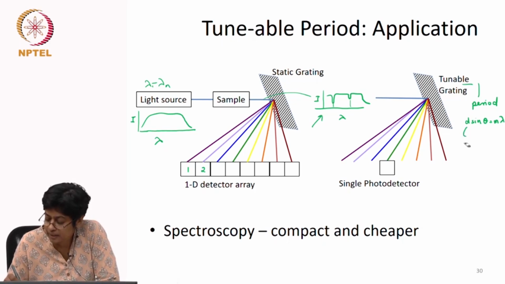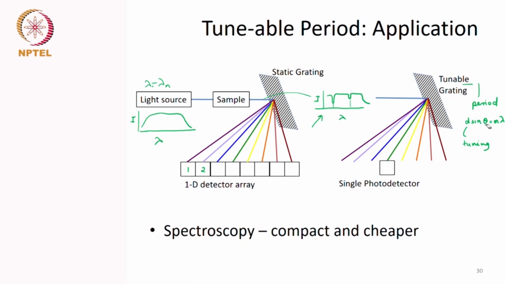If I'm tuning d such that theta stays constant for different wavelengths, that means I can tune this so that initially the green wavelength is incident on the photodetector, but I tune the grating so that in the next instance, maybe the blue wavelength will be incident. Or I tune the period so that in the next instance, the orange wavelength is incident.